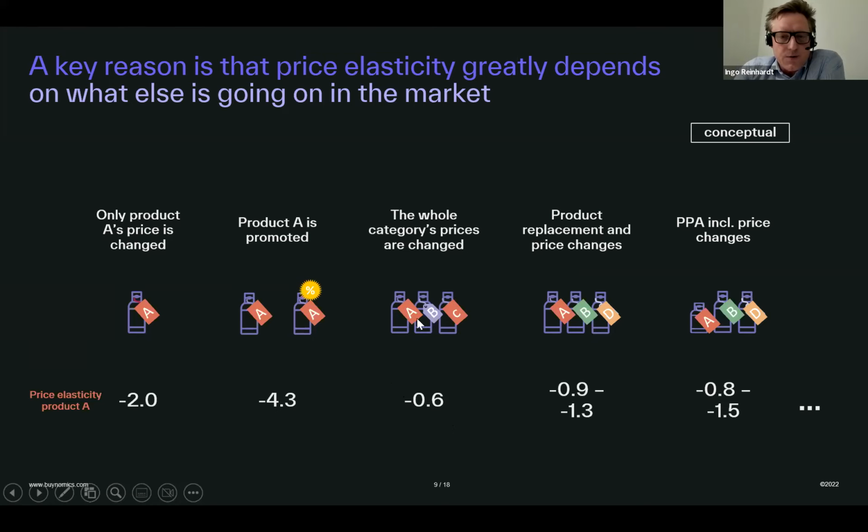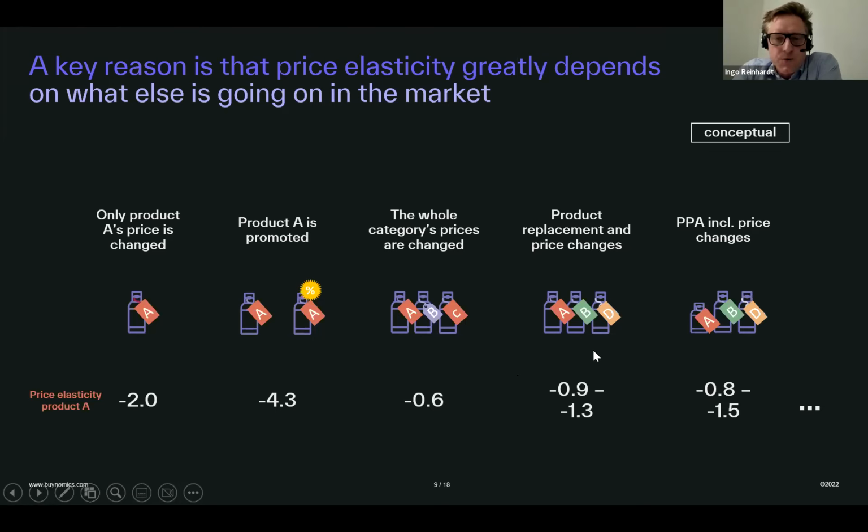If we increase all these prices, then those who would move from product A to B or C, if we only increased A, don't do this anymore because B and C also become less attractive. And we might also gain some of the customers from product B or C because these will also increase. So typically if we increase the whole portfolio, elasticity is much, much lower.